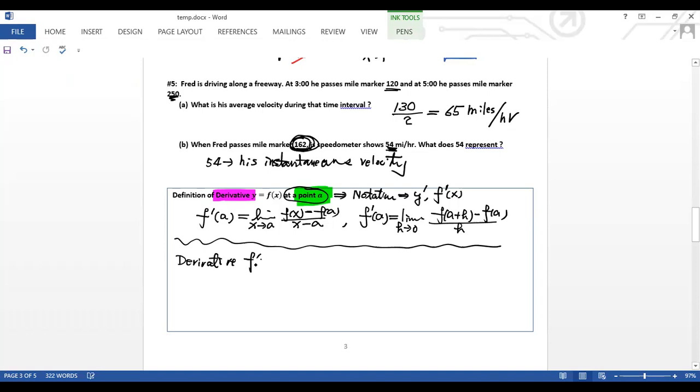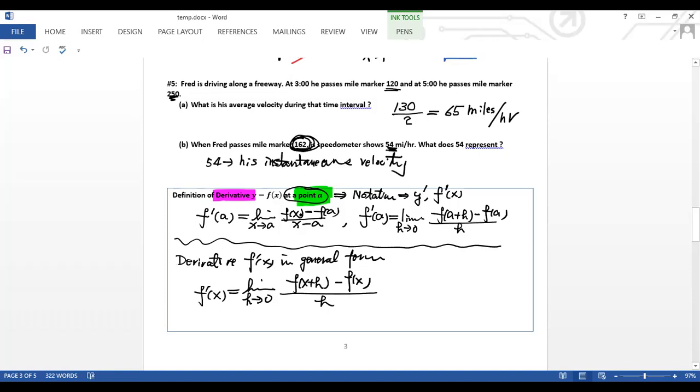Now if you want to find the derivative f prime of x in the general form, so you're not at any specific point, the typical form we use is the limit as h approaches 0 of f of x plus h minus f of x over h.